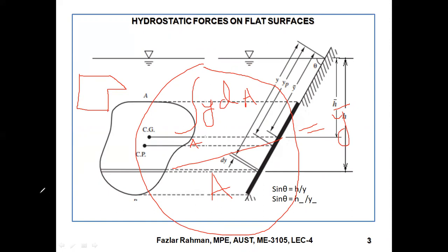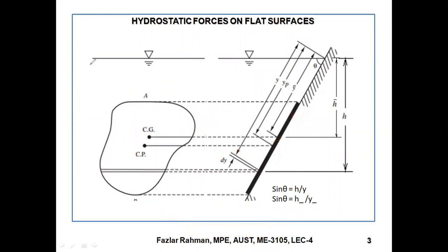You can easily make it, right? Or there might be a hole over here. Then how will you figure out the CG? You figure out the triangle, then the square, then subtract the circle. Then you'll get the location of the ycg. That you learn in engineering mechanics.